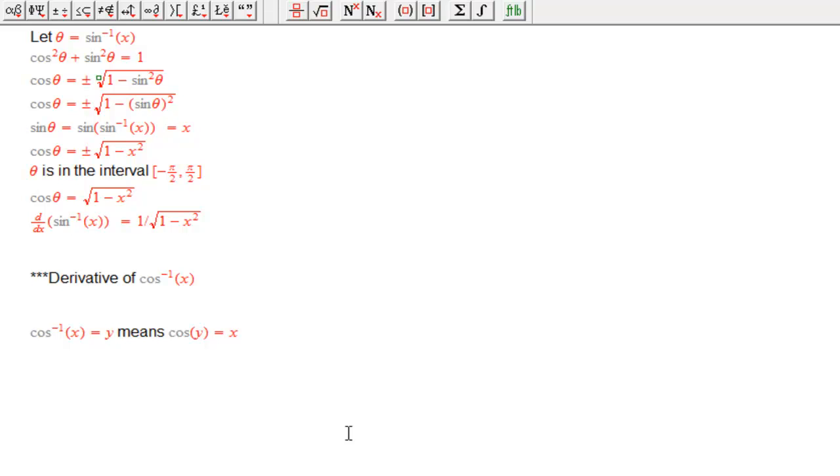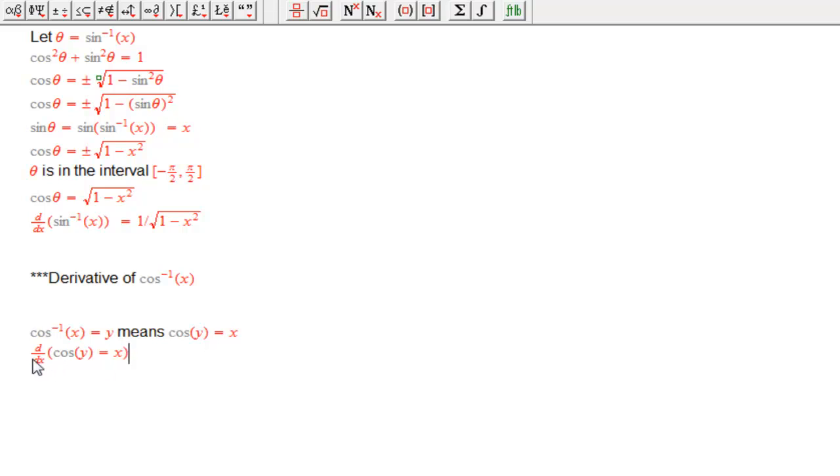If we want to take the derivative of inverse cosine, we could use implicit differentiation on this. So that's what I'm going to do. I'm going to take the derivative of both sides of this equation. And yes, this is a little bit of abuse of notation.